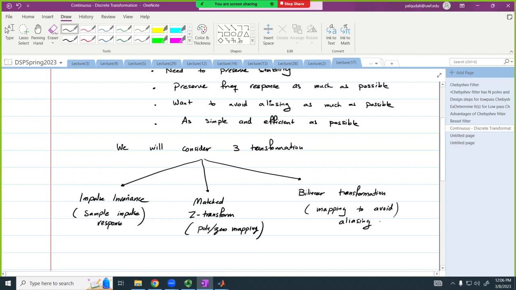Sounds good? Impulse invariance, matched Z-transform, and bilinear transformation will help us take a continuous time filter that we designed and transform it into a discrete time filter. So let's start with the first one.